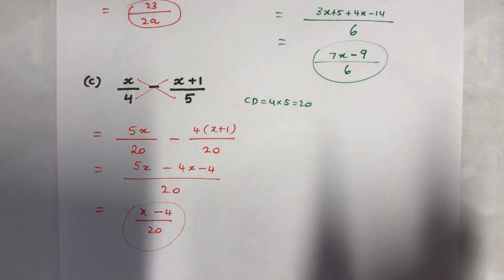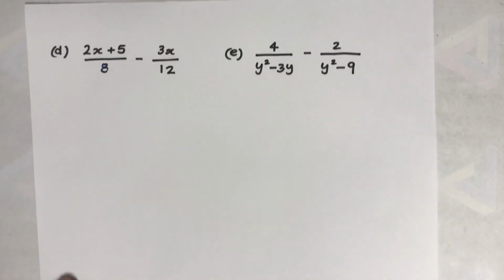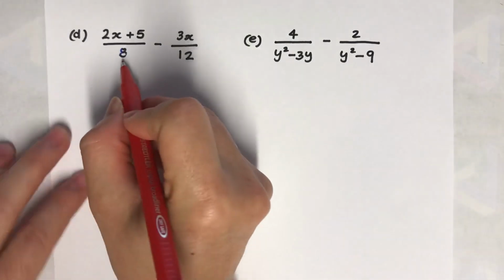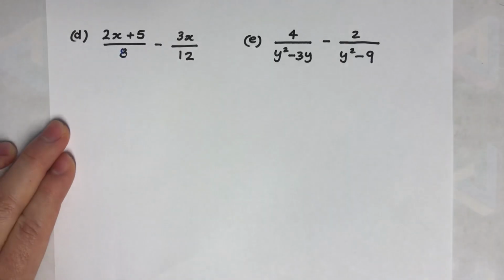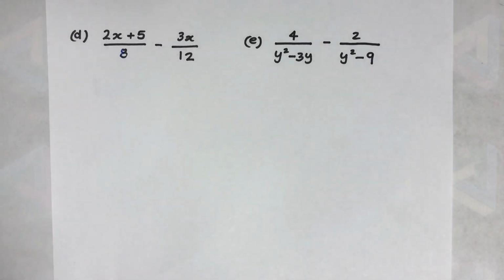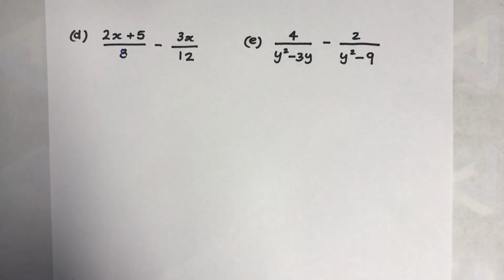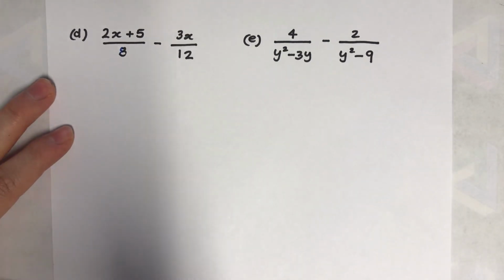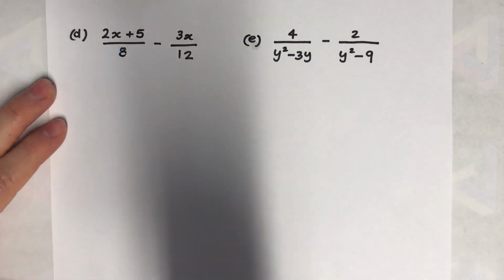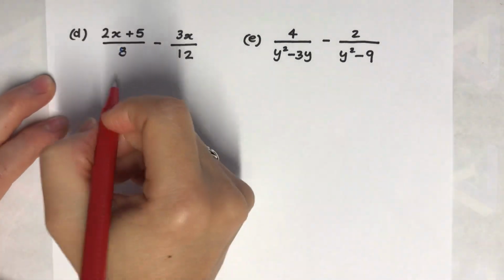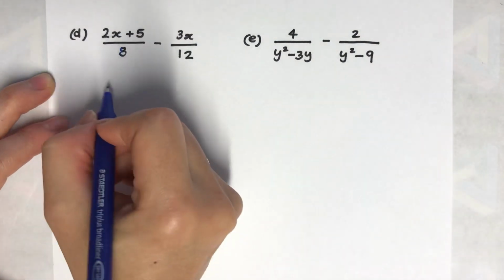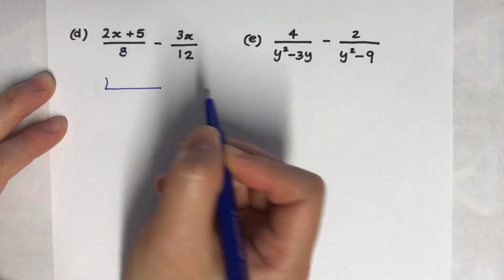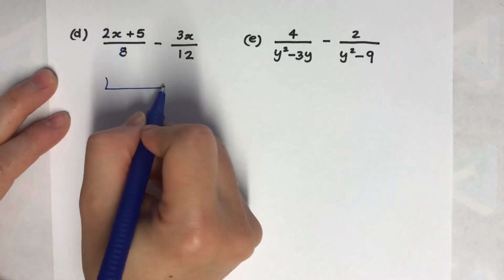Excellent. Next one, got 2 more. Here, 8 and 12. It sort of belongs to the family of 2 and 4. You might want to go 12, but not really, because 8 times what makes 12? Nothing. So I'm going to show you something, upside down division sort of look.